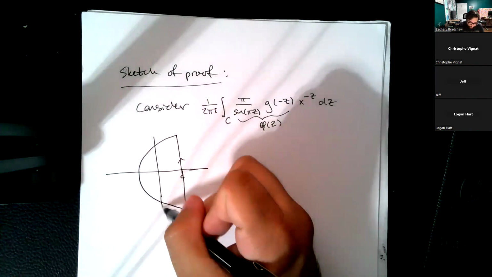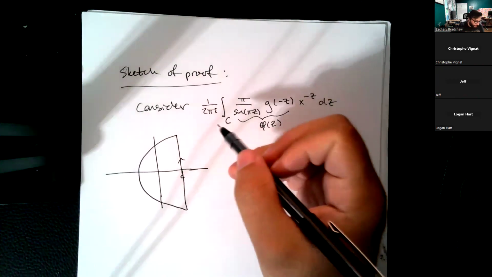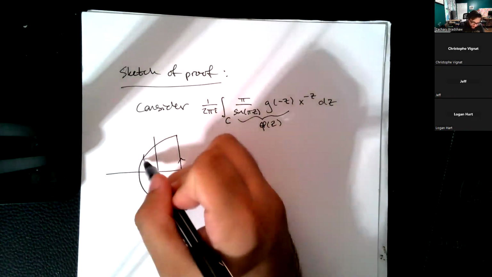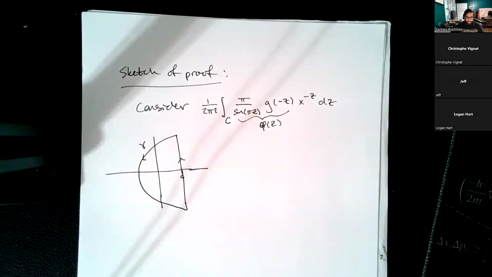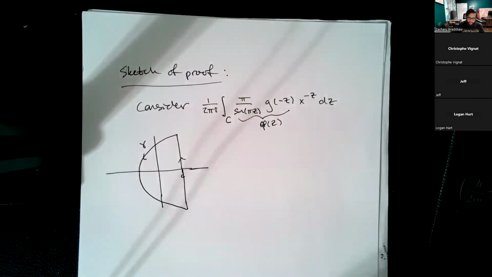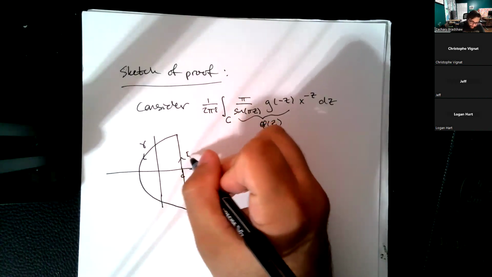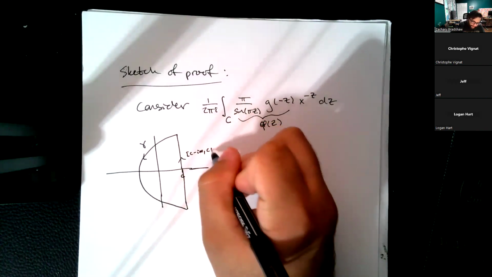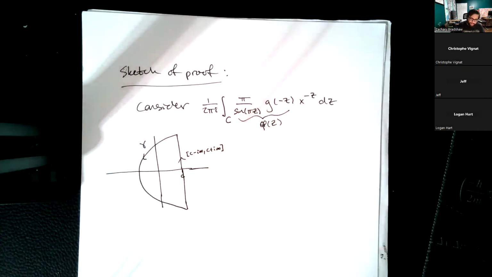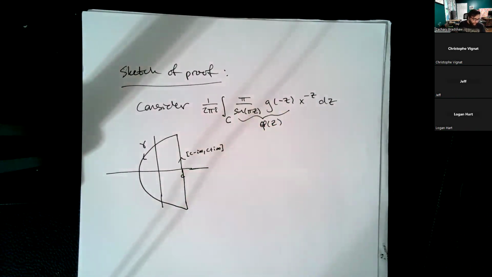Okay. So what do I call this? The semicircle arc part, I'm going to call it gamma. And this part from c minus i infinity to c plus i infinity is the usual notation. Okay.